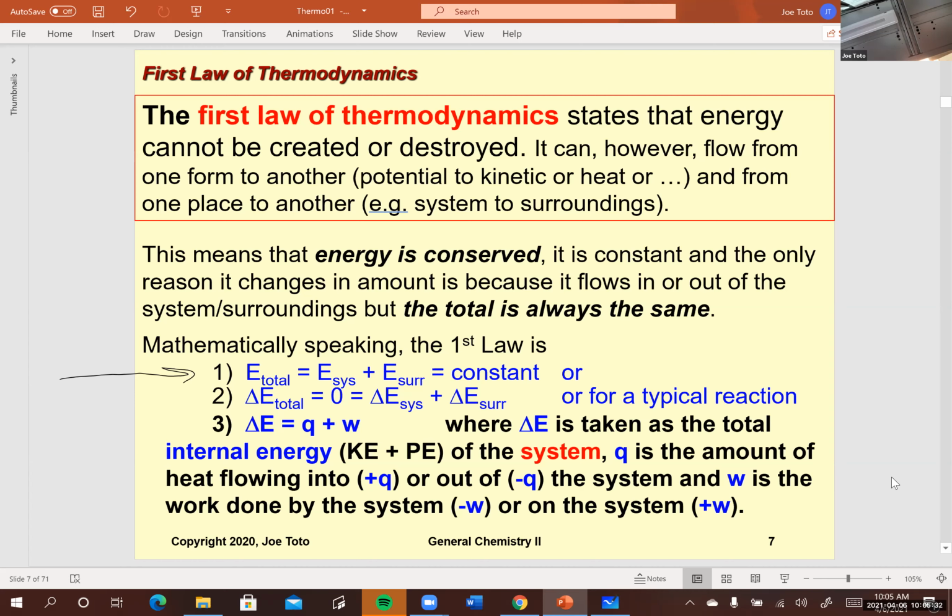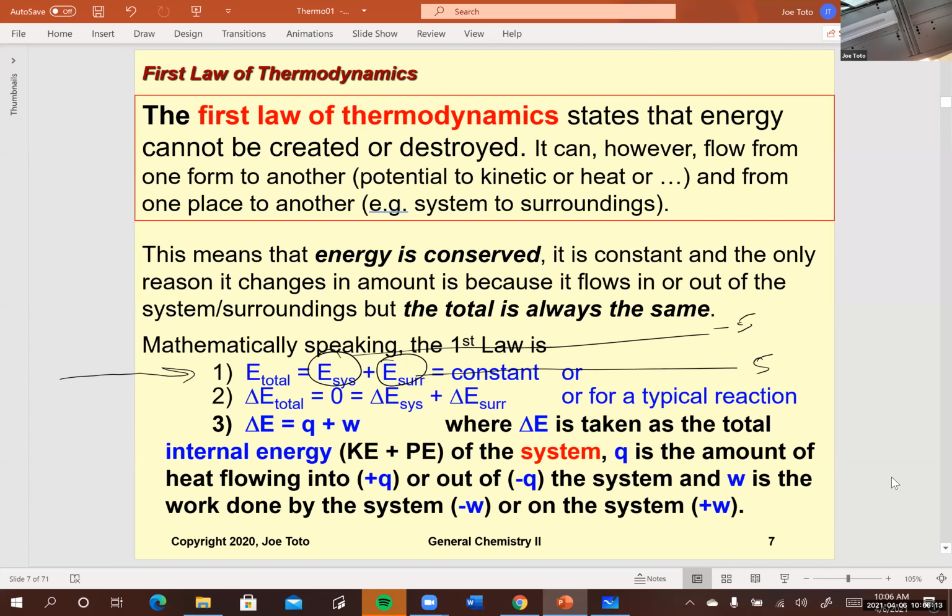So energy doesn't come in or out of this situation, and we can formulate that law like equation 1. Another way of saying that is that any change in the total energy has to add up to 0. In other words, if 5 joules of energy come out of the system, then they have to go somewhere. It has to go into the surroundings, and the sum of those changes has to be 0.